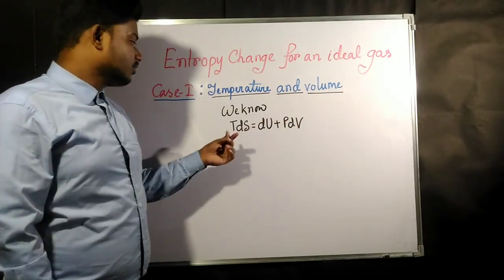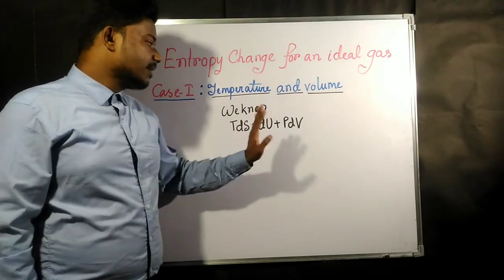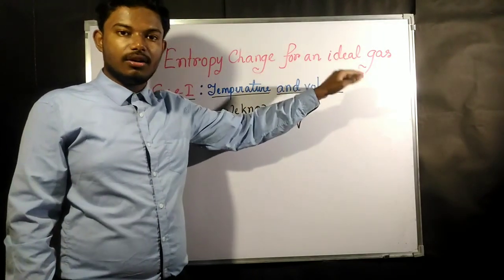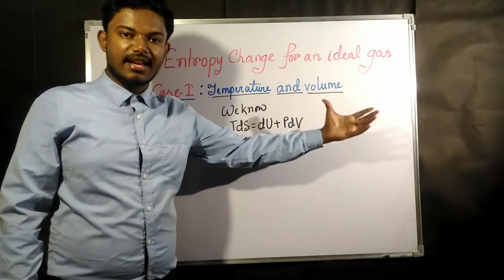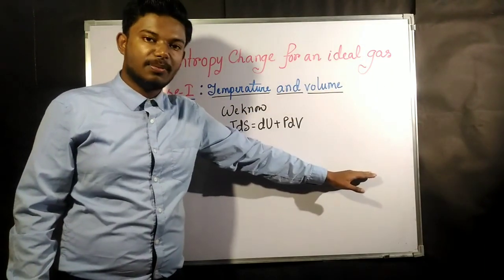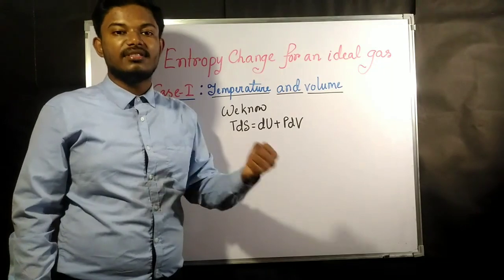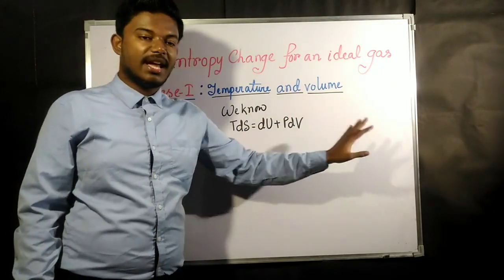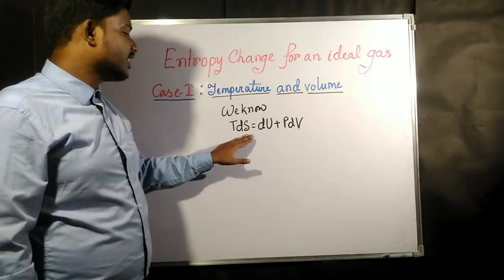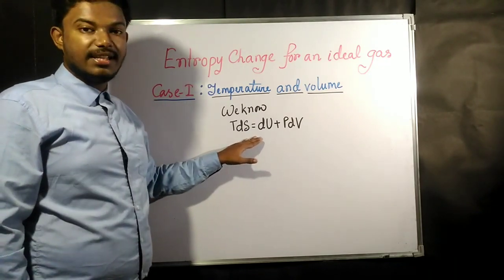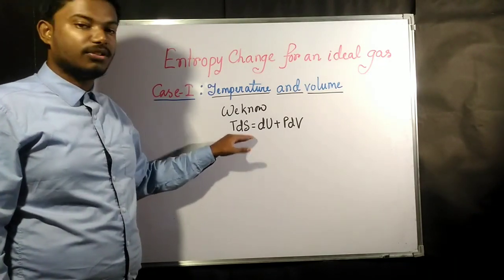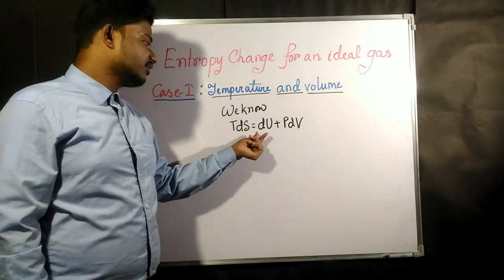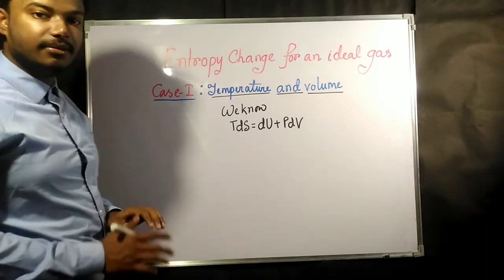When we found out that the area under the curve in a TS diagram, projected on the entropy axis, gives us the heat transfer, we found that for a reversible process, heat transfer can be replaced by TdS, along with du and PdV.